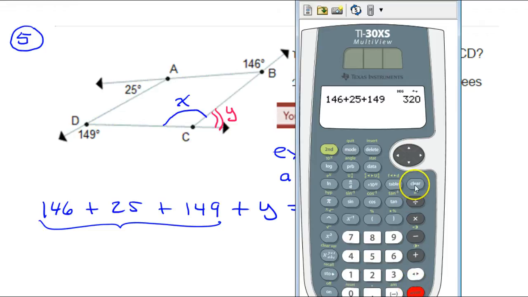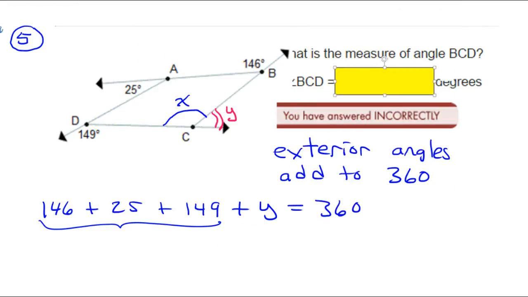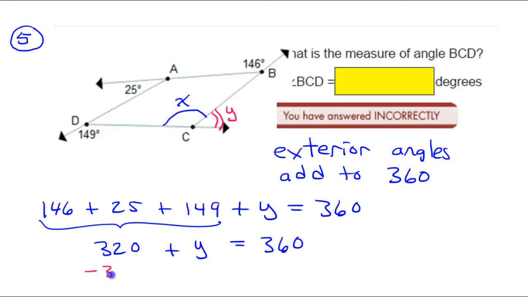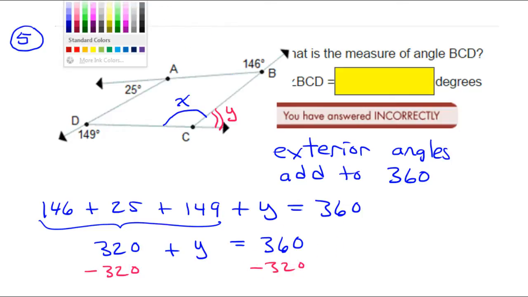All right, that's 320. So that's 320 plus Y is equal to 360. So if I want to find Y, I am going to subtract 320 from both sides. So that's going to be 40.